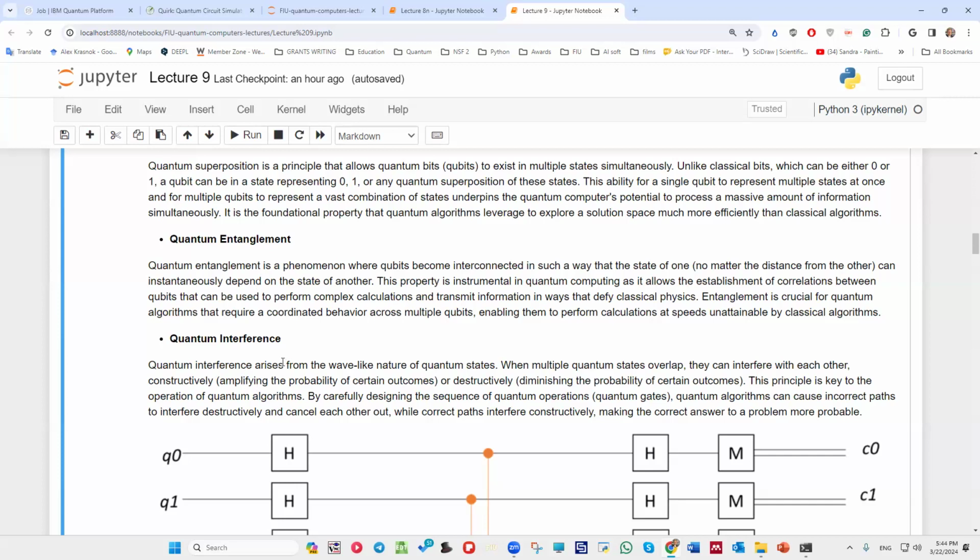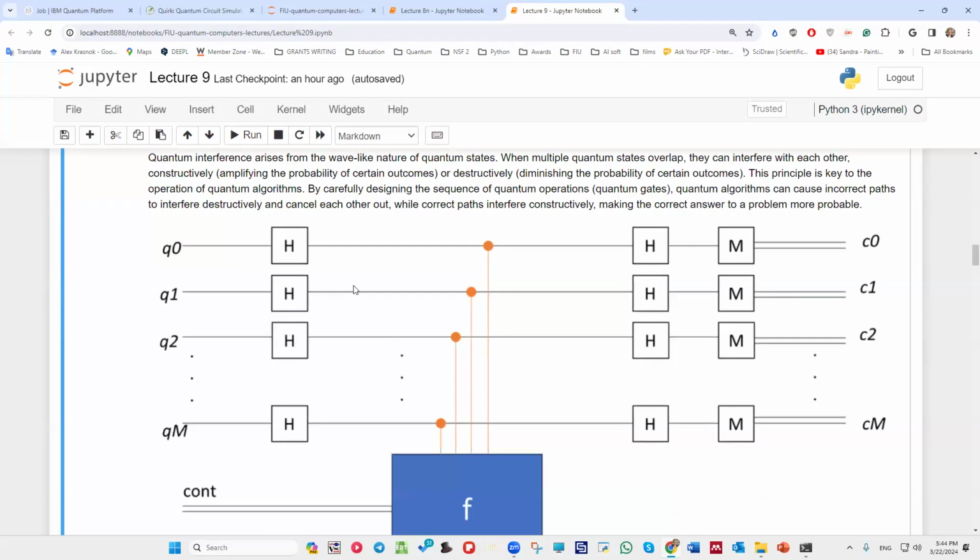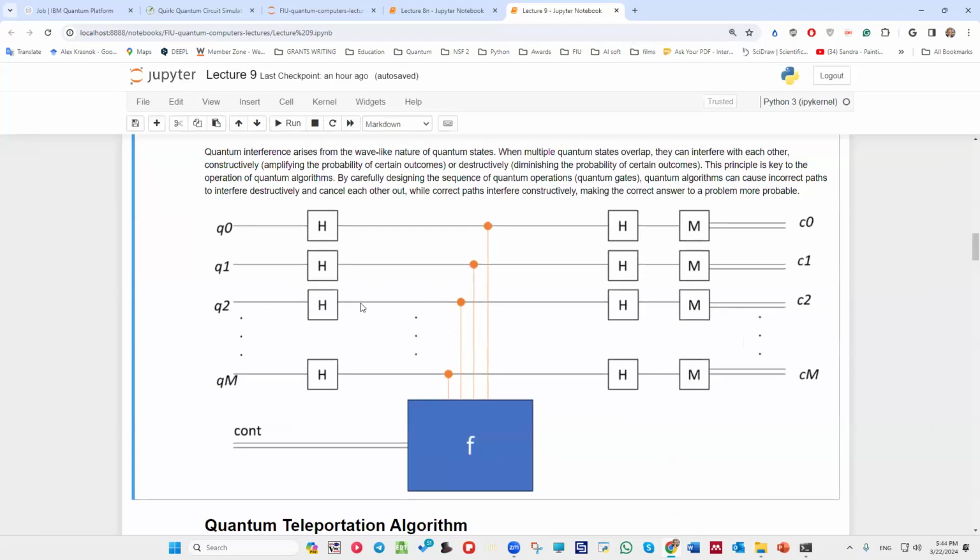And finally, for the quantum algorithm, we need so-called quantum interference. Okay, so let me explain how it works. I draw this schematic circuit here. Okay, so let's suppose we have a system of N qubits.